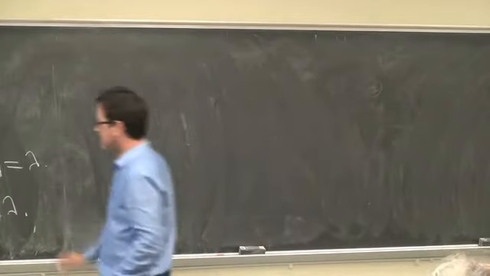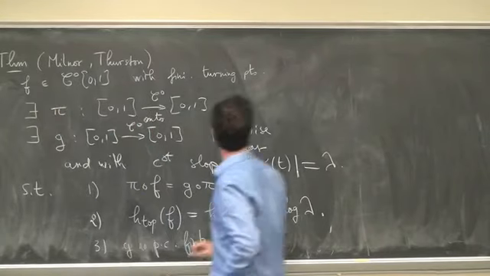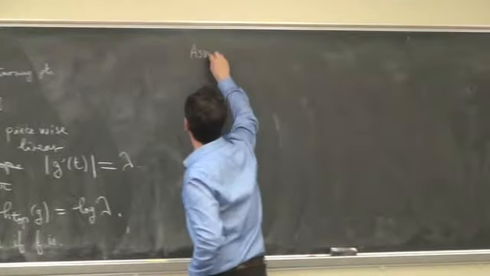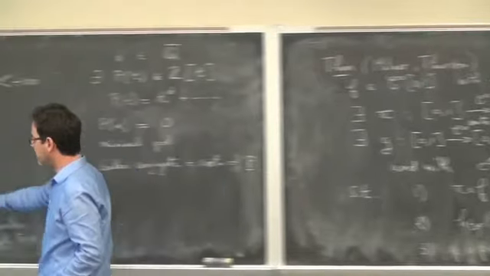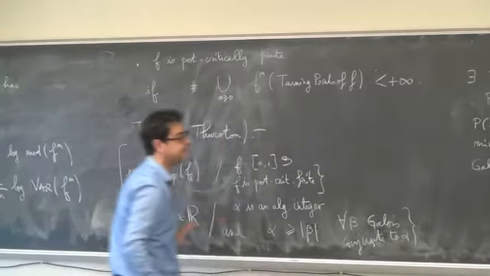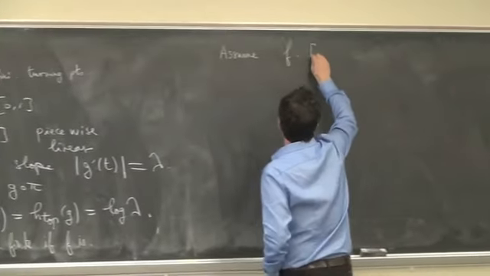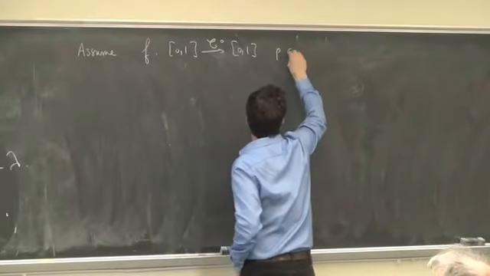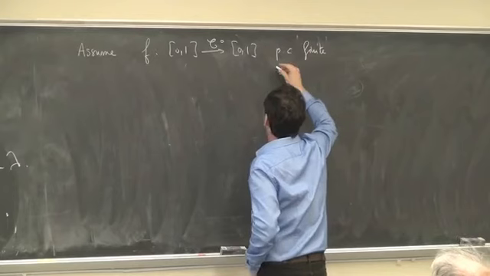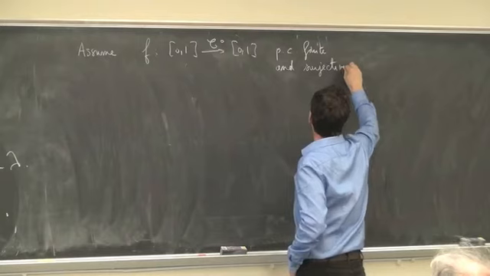Okay, so let me explain how one can try to construct G, assuming that F is post-critically finite. And doing that, I will try to explain why we get this kind of number. So assume F is continuous and post-critically finite, and also assume for simplicity that it is surjective.